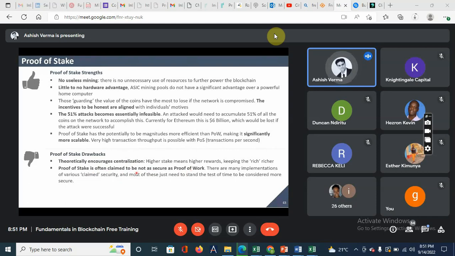Not as secure is because, again, if you stake a lot of Ethereum on the blockchain, you'll get more transactions, and when you get more transactions, maybe at some point you have so much Ethereum staked that you start validating 51, 60% of transactions, and everything comes into your hand, and then you can take advantage of that.